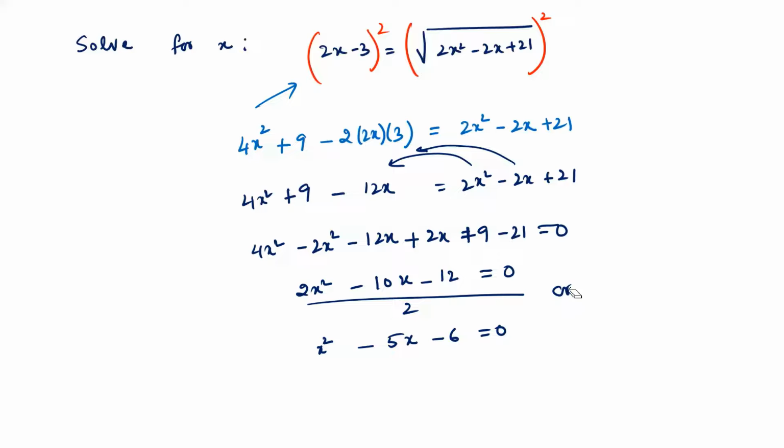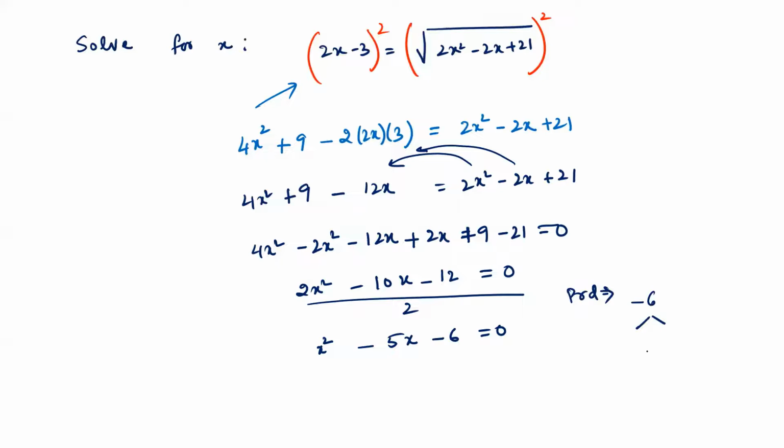Now, after getting the quadratic equation to solve for x, because the method is not specified, I can go ahead with factorization first. Is factorization applicable here? Yes, ma'am. So the product is minus 6. I need to use factors of minus 6 to get minus 5.